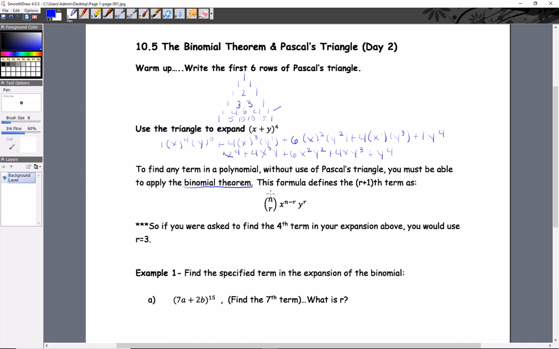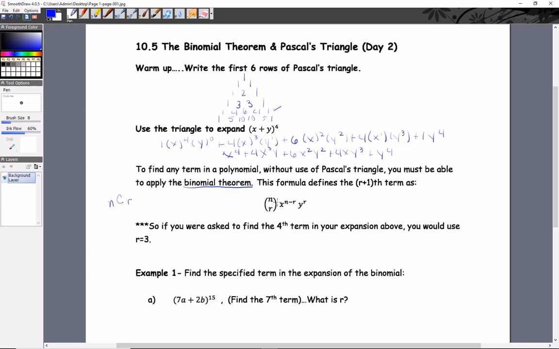So we're going to use the binomial theorem, and this is what we kind of saw yesterday. This is combinations, one way of saying it. Another way is to say n choose r, or n objects, we're choosing r at a time. And that corresponds perfectly to the values in Pascal's triangle.